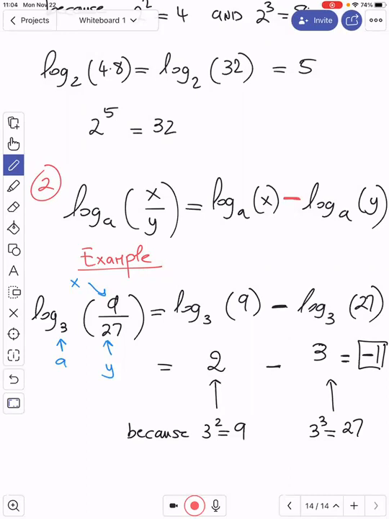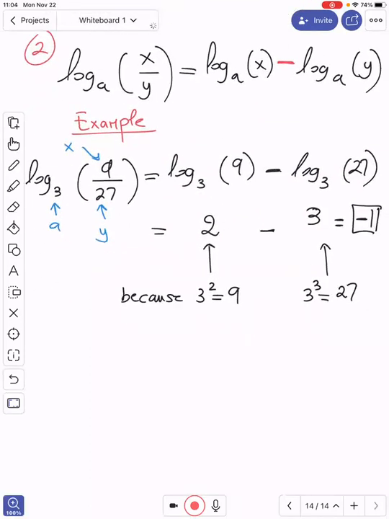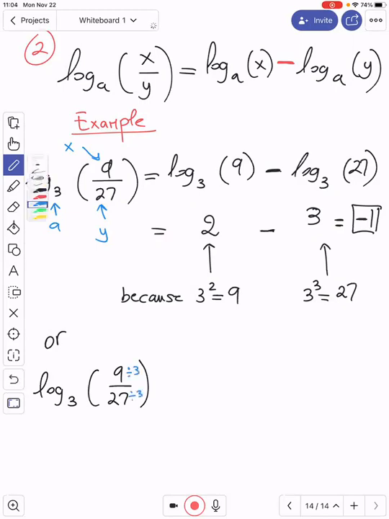Okay. Or of course, if you don't want to apply the formula, you can just reduce this fraction, the 9/27. You can say, well, both are divisible by 9, right?